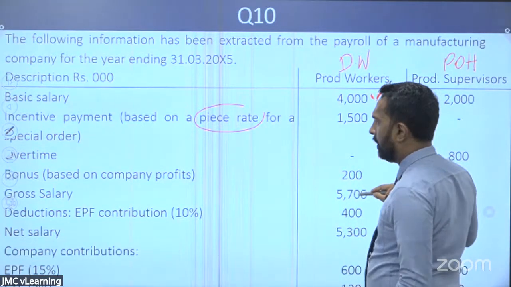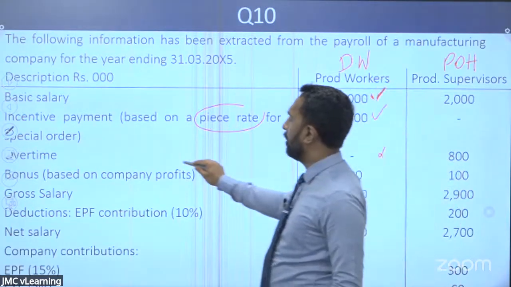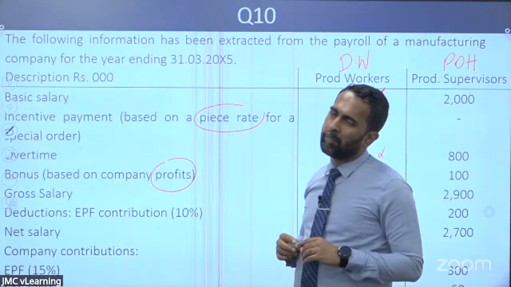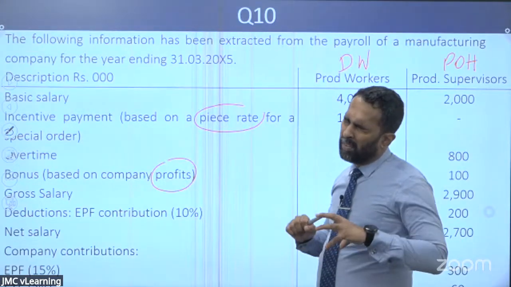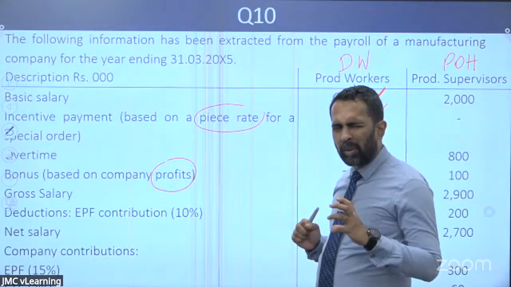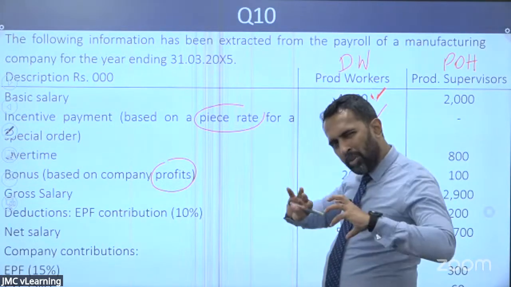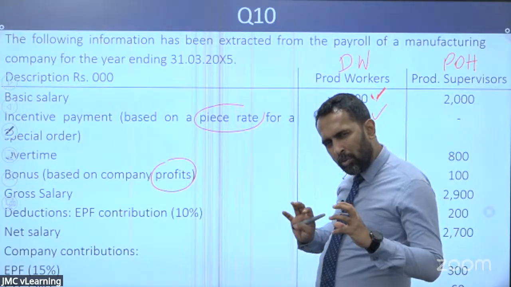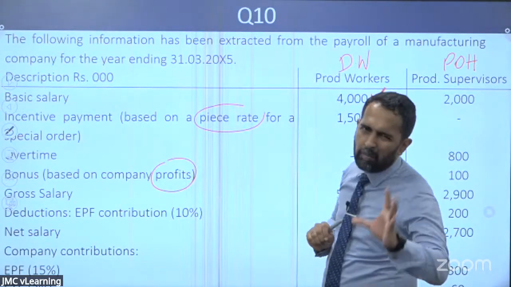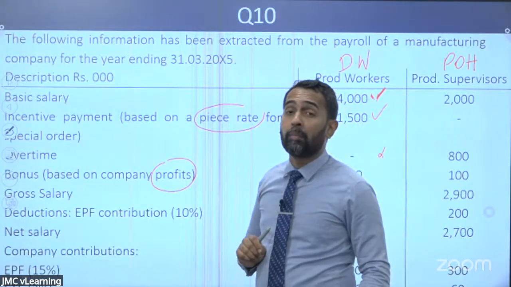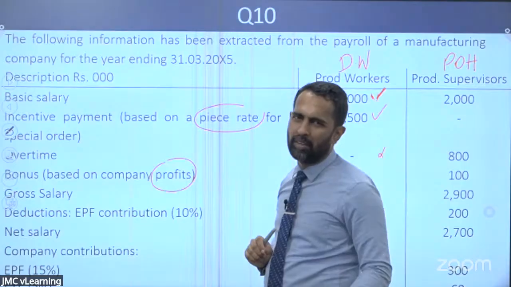Overtime is not there. Bonus paid on company profit. The profit based bonus is an admin matter. The administration or the management is deciding to pay a profit bonus. That's an admin expense. It may be paid to the production employees, but that decision is an administration decision.